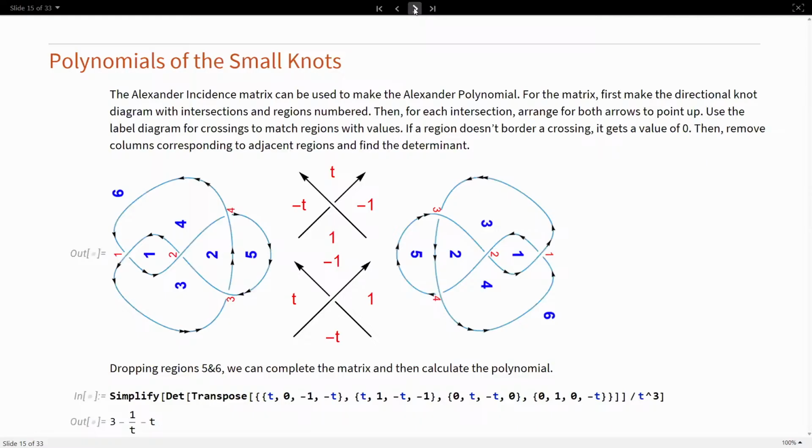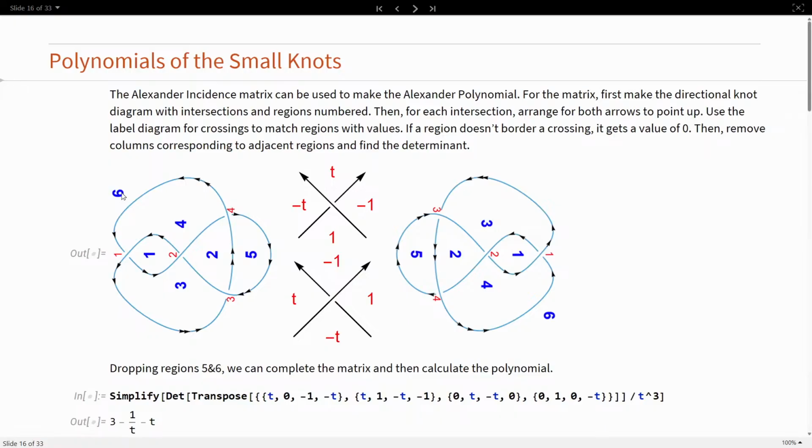And a knot diagram. So one thing I've never quite understood is how to make knot polynomials. So I finally, for this talk, figured out how it all works. So we take a knot, such as the figure 8 knot here, and we label all of the intersection points, 1, 2, 3, and 4, and we label all the regions defined by the knot, 1, 2, 3, 4, 5, and 6.